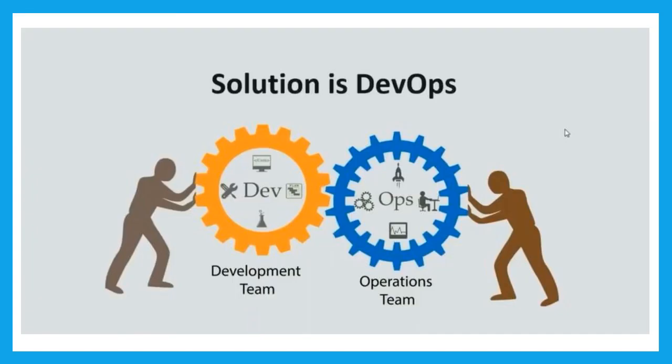Now we are going to look at the solution to all the problems that we have just discussed, and the solution is none other than a software development strategy which bridges the gap between the dev side and ops side of the company. So DevOps is basically a term for a group of concepts that, while not all new, have catalyzed into a movement and are rapidly spreading throughout the technical community.